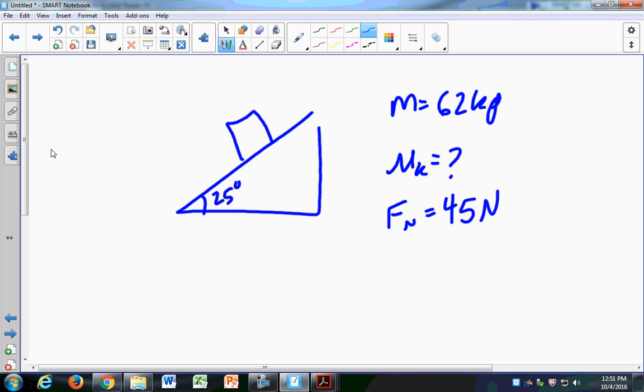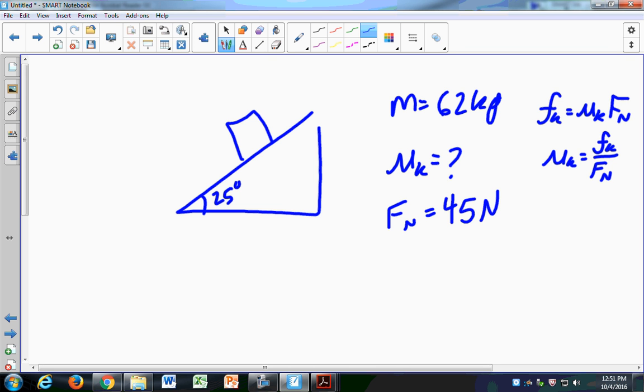In order to work this, since I know that Fk equals mu k times the normal force, to find mu k it's going to be Fk over the normal force. They went ahead and told me that Fn is 45, but I could have figured it out, because the normal force is the y component of the weight. But I don't need to, because it's given to me. Now I just need to find what Fk is.